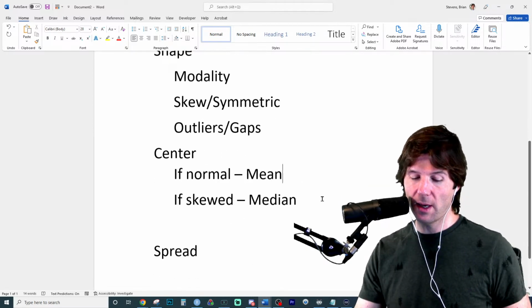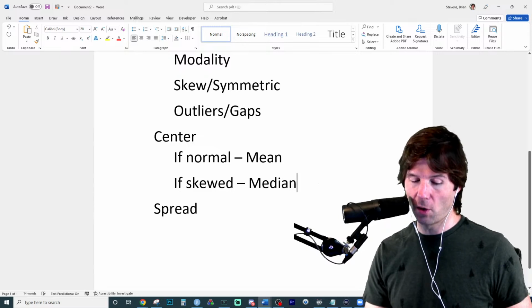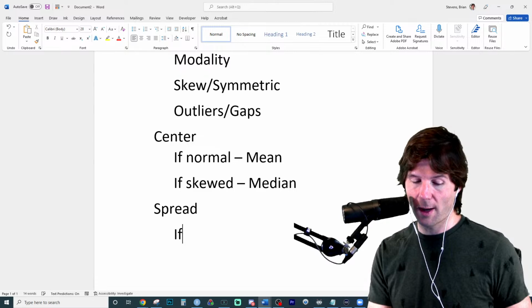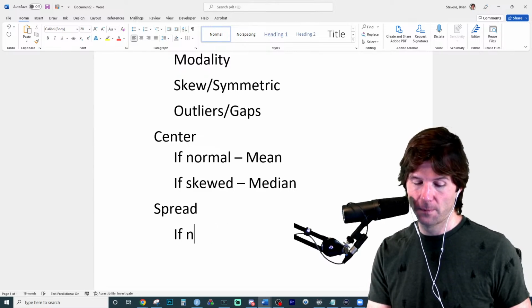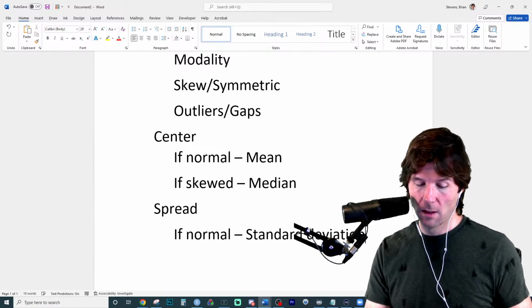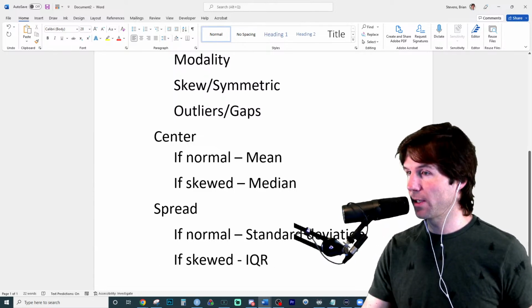Now, only supply the one that matters. I think the assignment says to only supply the one you're talking about, the one that will best describe it. So here, if normal, then it's going to be the standard deviation. If skewed, it's going to be the IQR, which is the interquartile range.